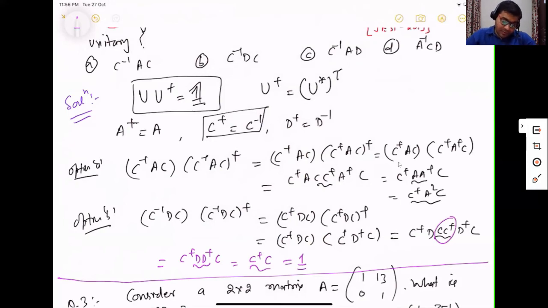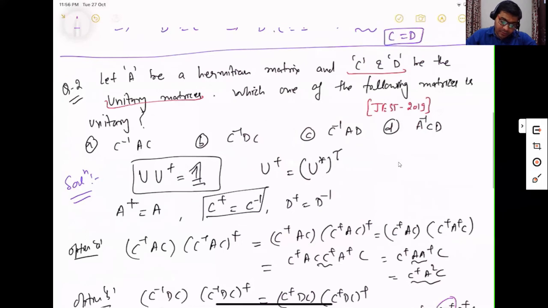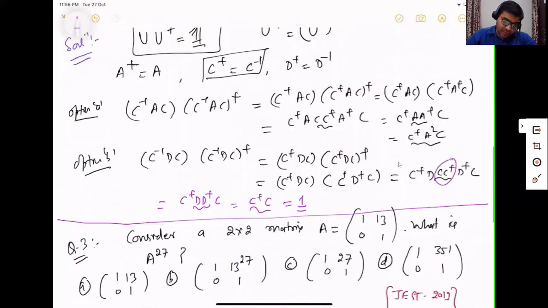So option B satisfies the condition of a unitary matrix, and option B is the right answer.